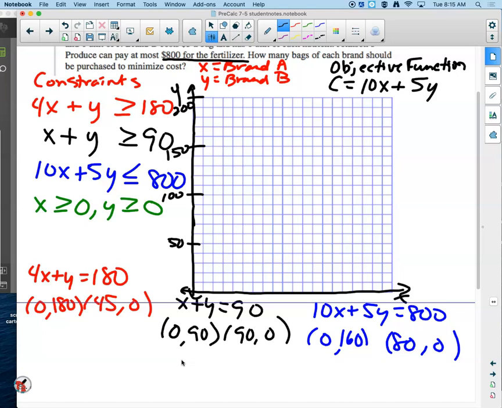But on the x's, spread it out a little more. So each one of these, we're going to go by 5. So these I'm just going to label 20, 40, 60, 80, 100. However you label it is fine, just so that we're going by fives.